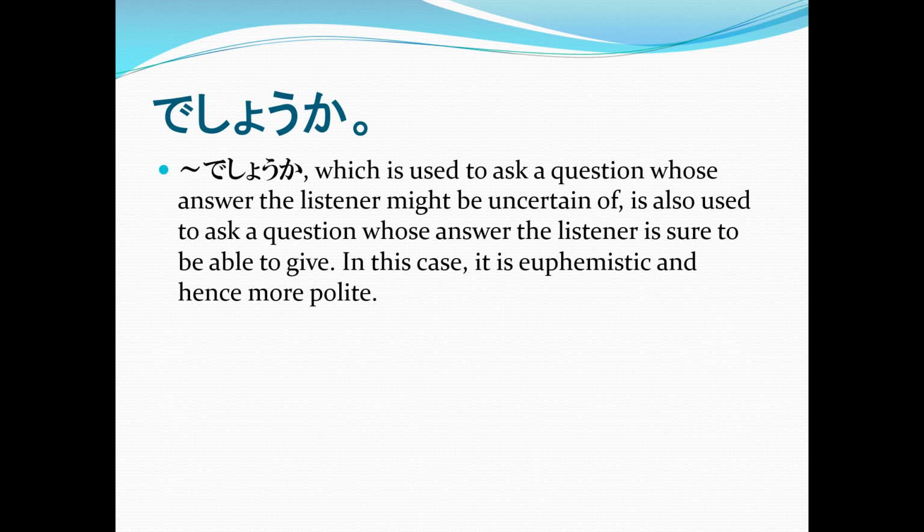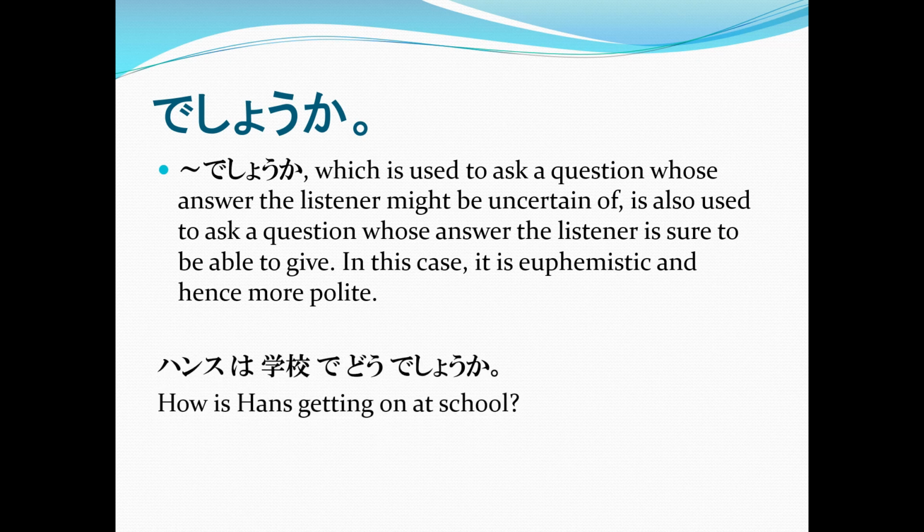でしょうか? でしょうか is used to ask a question whose answer the listener might be uncertain of, and is also used to ask a question whose answer the listener is sure to be able to give. In this case, it is euphemistic and hence more polite. Example, ハンスは学校でどうでしょうか?